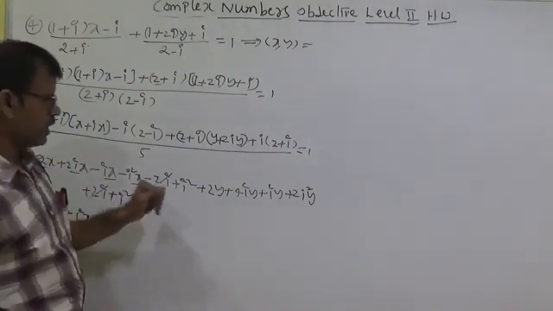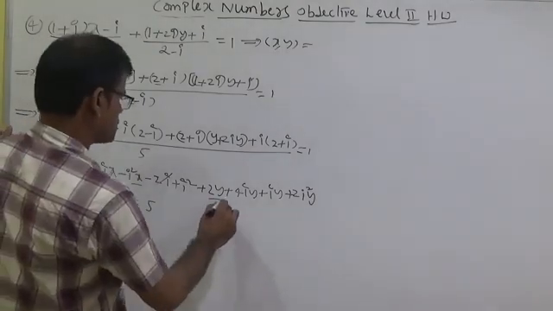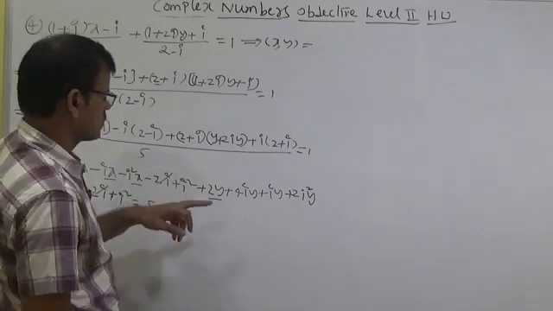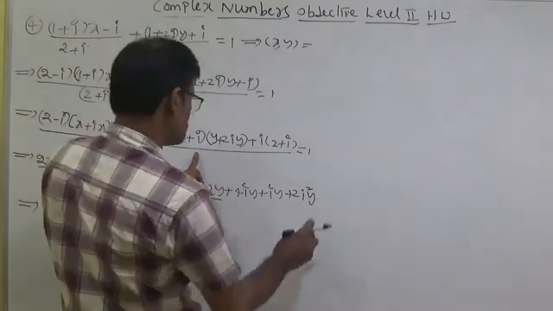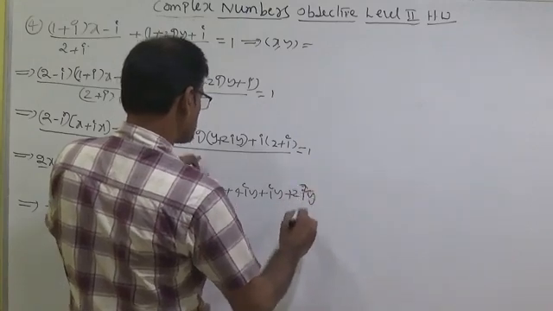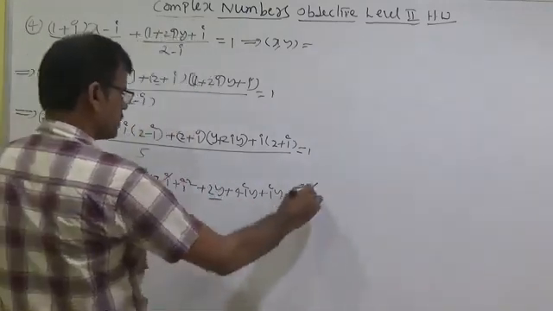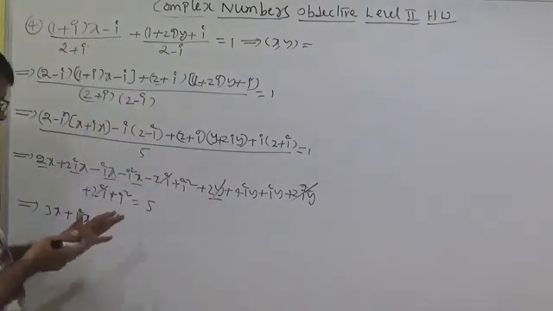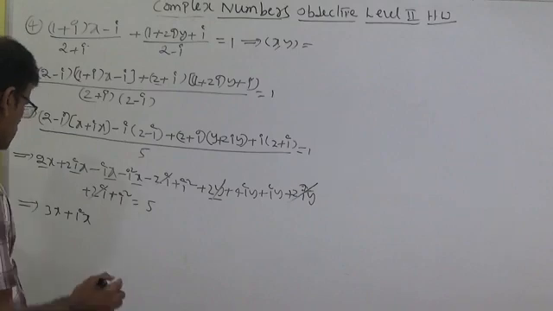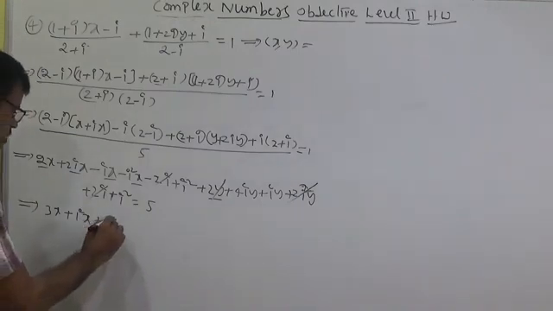Now 2y, simply 2y, and the last is 2i square y, so 2y minus 2y gets cancelled. Next, 4iy plus iy, you can write plus 5iy.